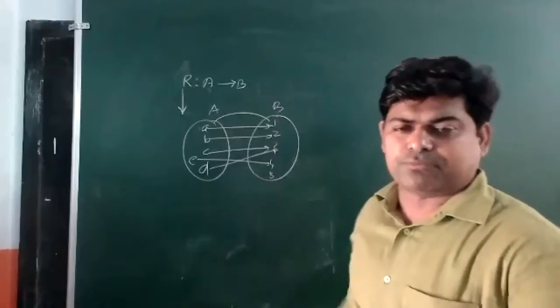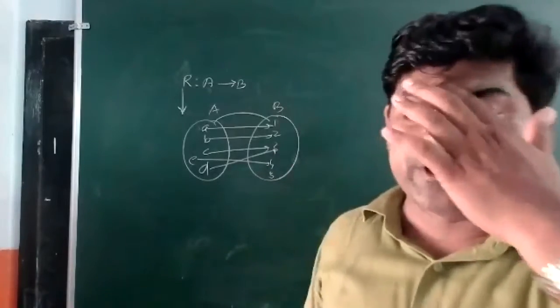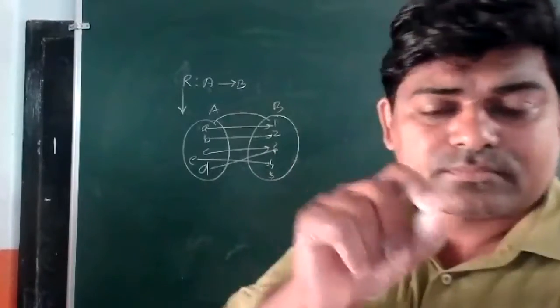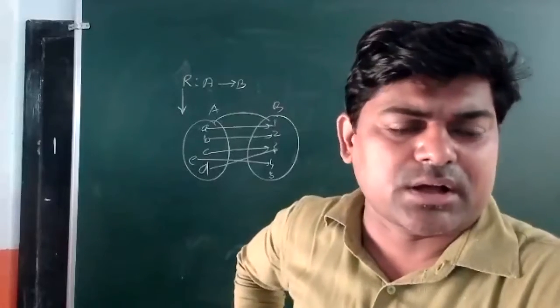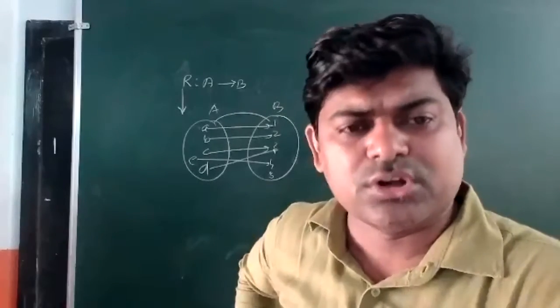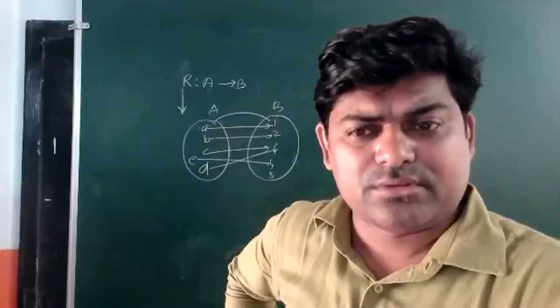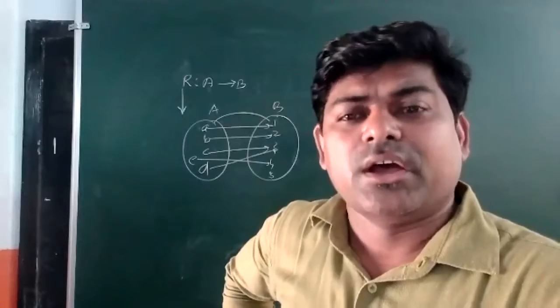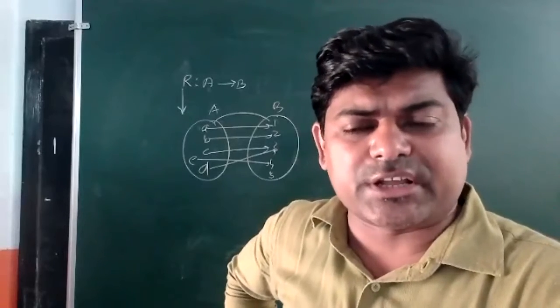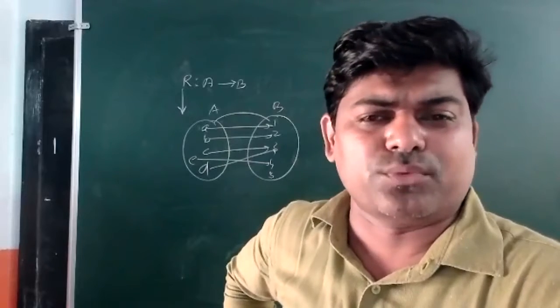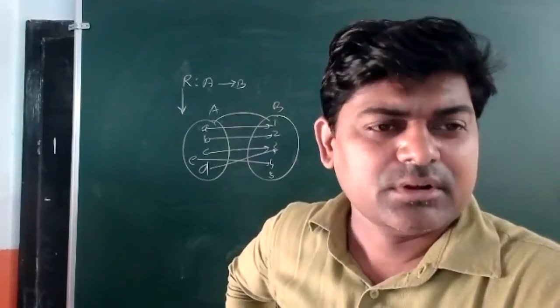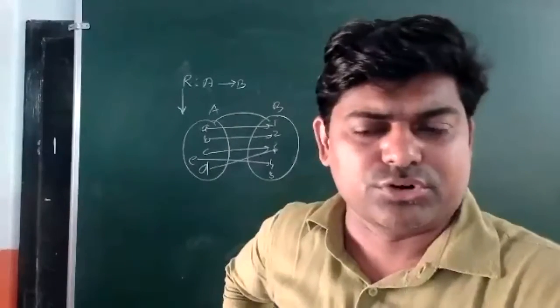If you remember, on the last page I took one example. I wrote R is equal to {(x, y) such that 2x minus y is equal to 0}. R was defined on set A, which has the elements 1, 2, 3, 4, 5, 6, 7, 8, 9, 10, all the natural numbers less than or equal to 10.